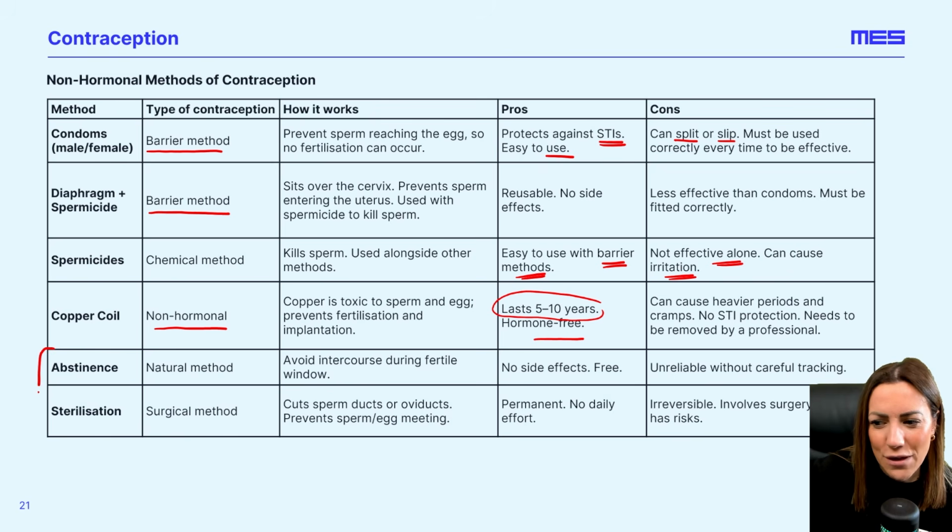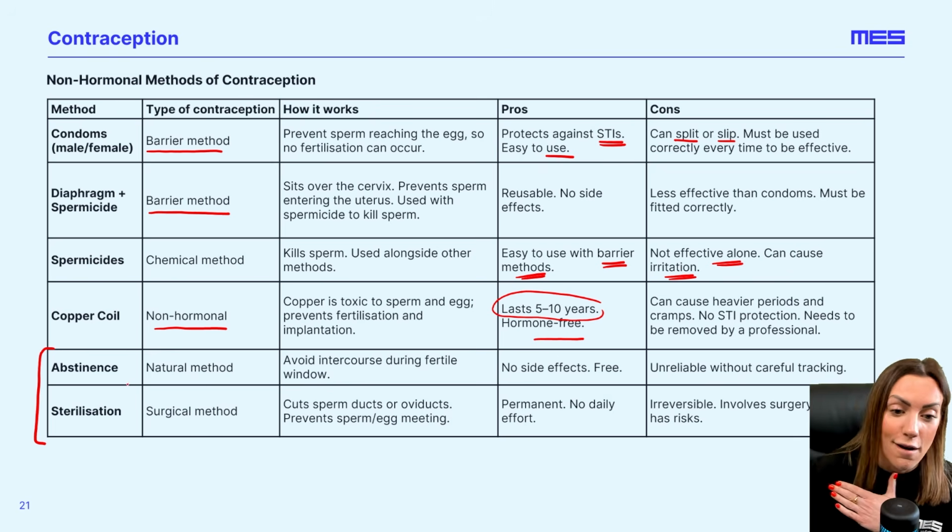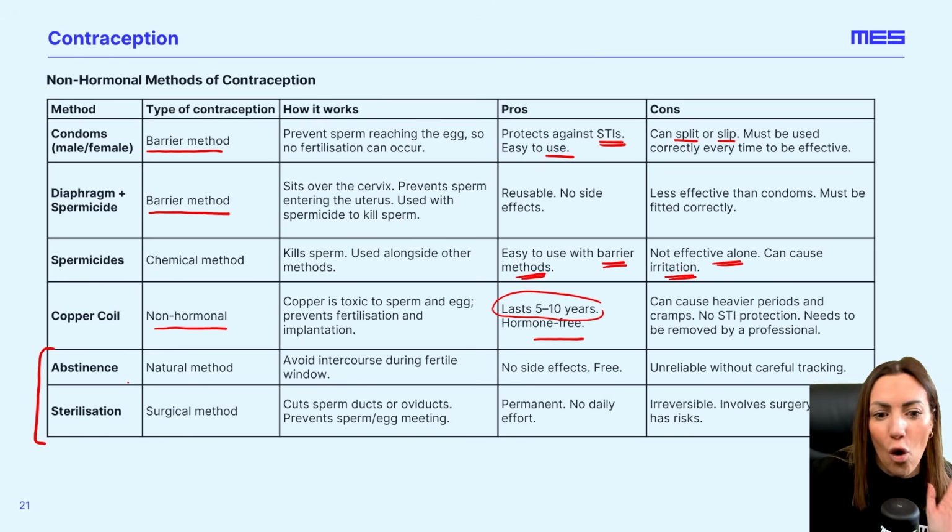Then we've got two other types of contraceptives, which you should be aware of. Abstinence is basically abstaining from sexual intercourse. Now, you could abstain from sexual intercourse full stop, or you could avoid intercourse during the fertile window.